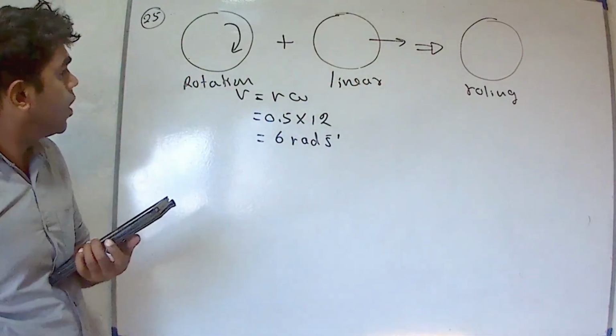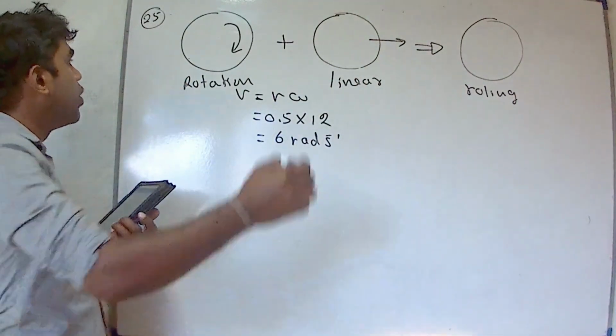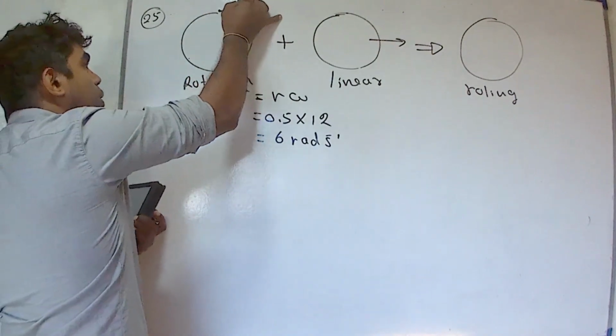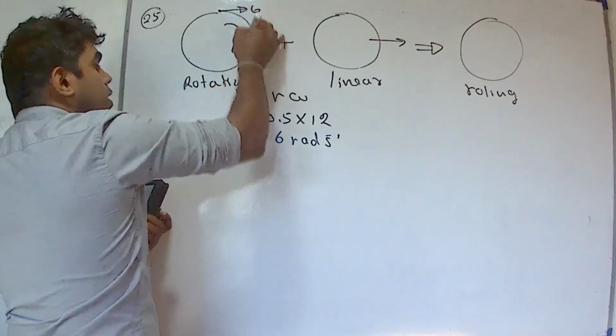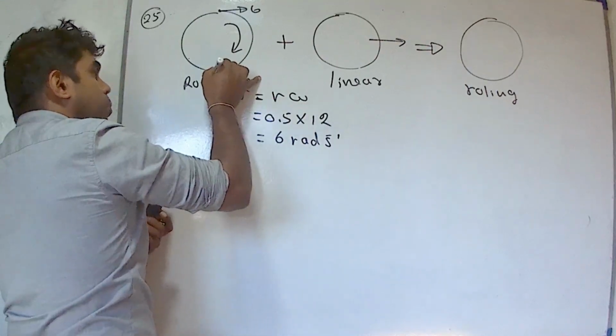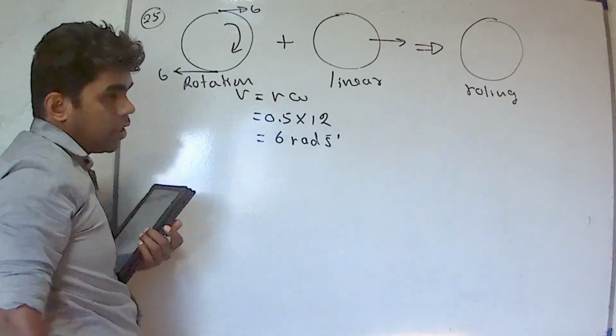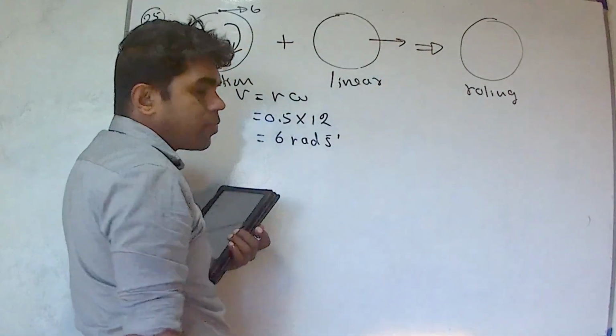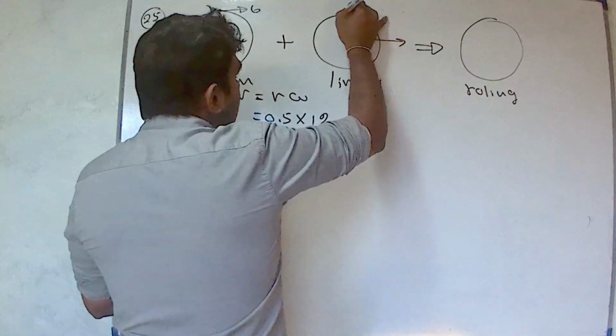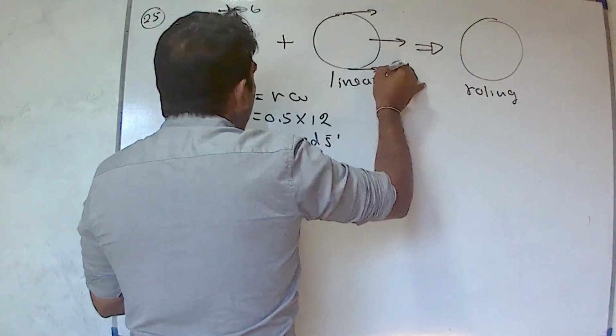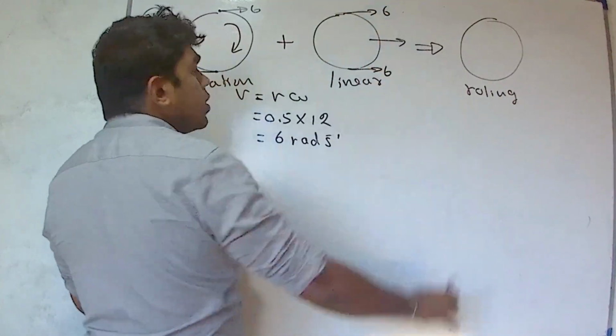For the rotational motion, we know that the velocity for this point should be 6. It is r omega. This point should be 6. When the object is moving forward, it means linear motion. There is a constant velocity for all points in the same direction, 6.